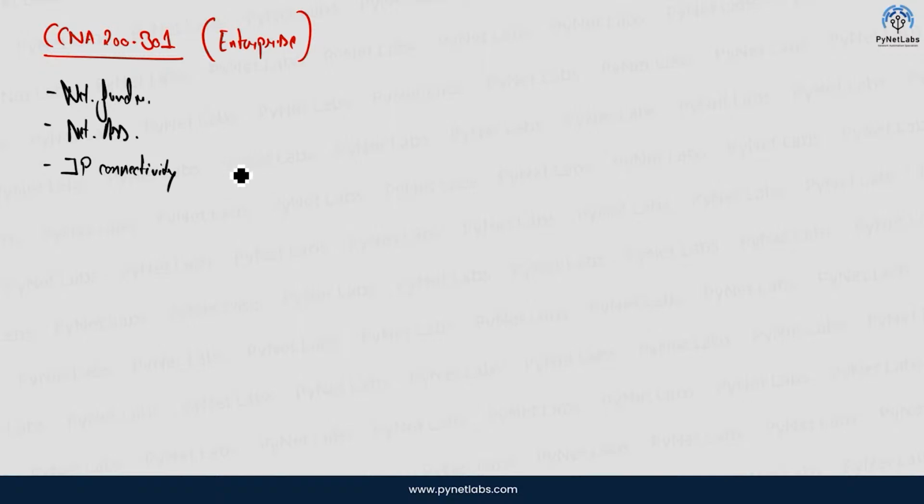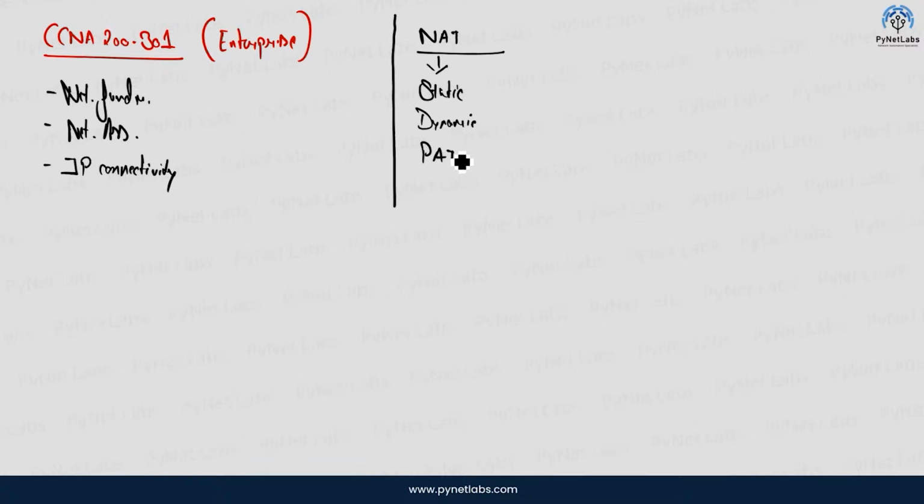translation. A very interesting thing: as per the official blueprint, there is a topic called network address translation, which is divided into three categories: static NAT, dynamic NAT, and port address translation.